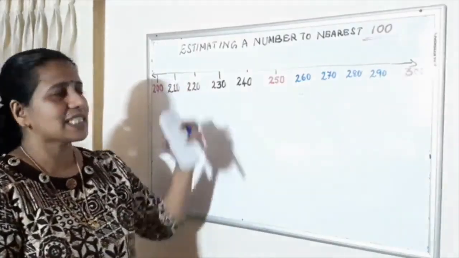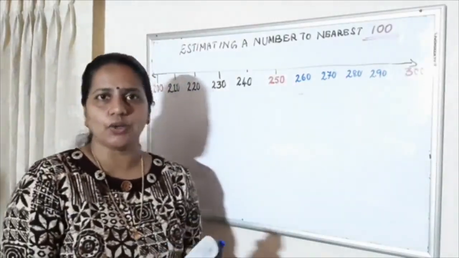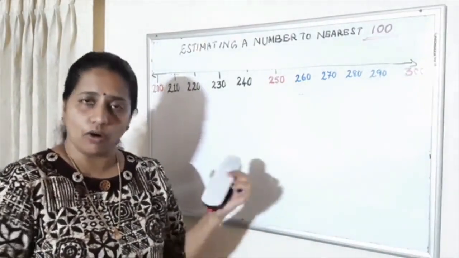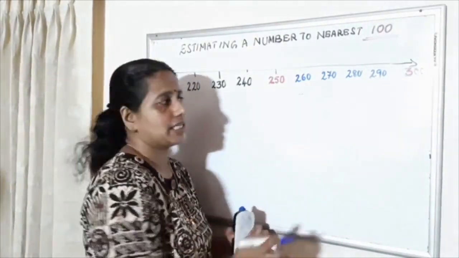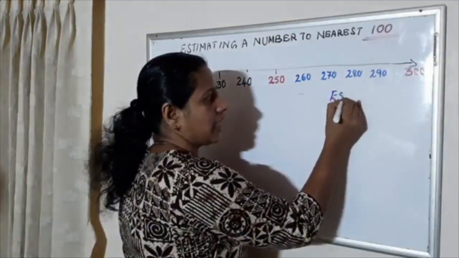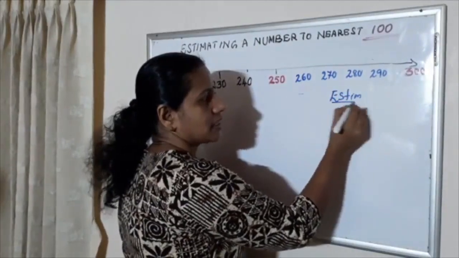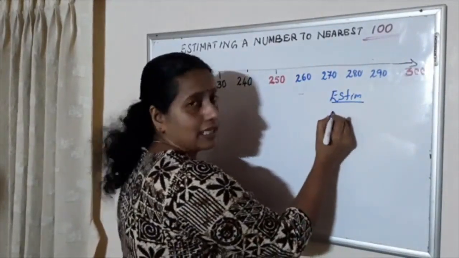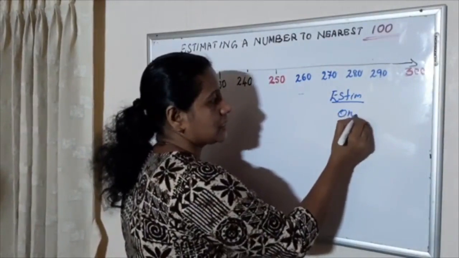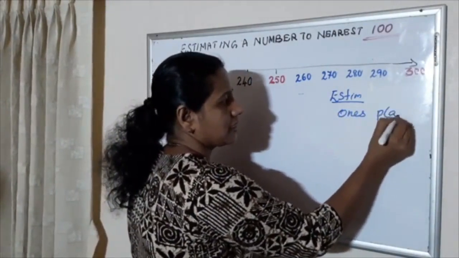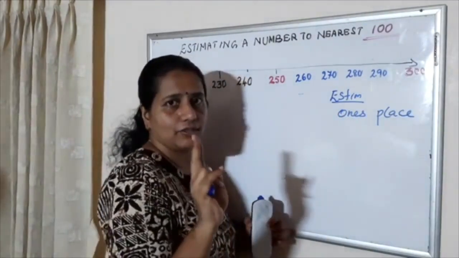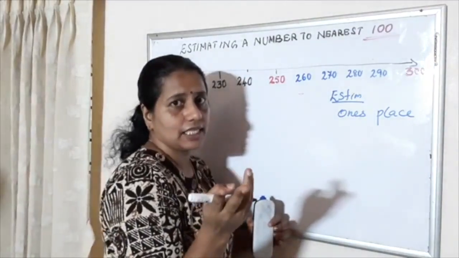Next, estimating a number nearest to 100. I have already told you how to estimate a number nearest to 10. In that case, you have to take the ones place, and I gave two conditions. What were the conditions?